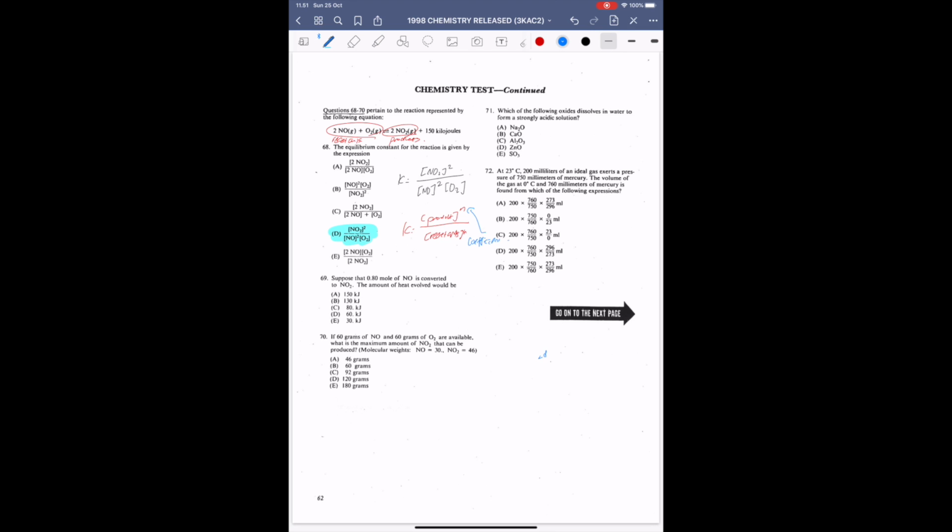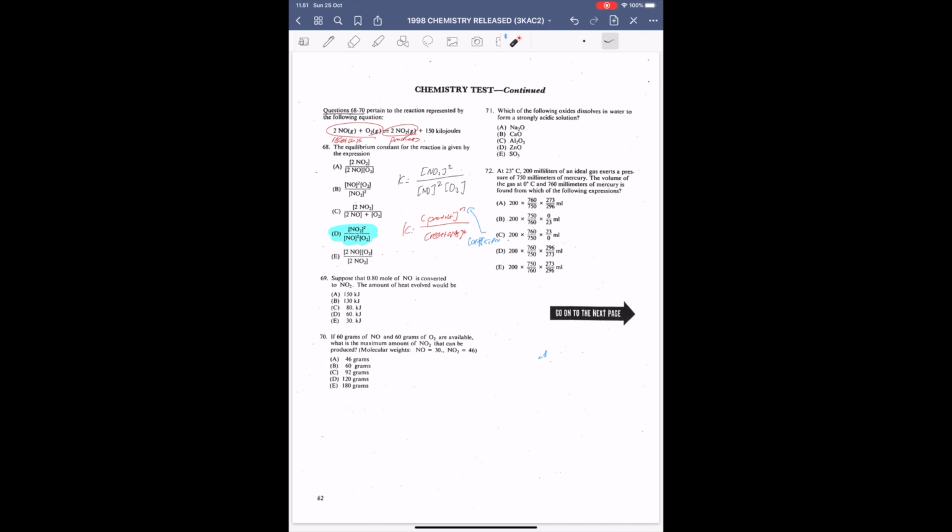69. Suppose 0.8 mole of NO is converted to NO2. The amount of heat involved would be. Here we know that in the reaction, if 2 moles of NO are converted, you get 150 kilojoules of energy. So if 0.8 mole of NO is converted, how many kilojoules is it?